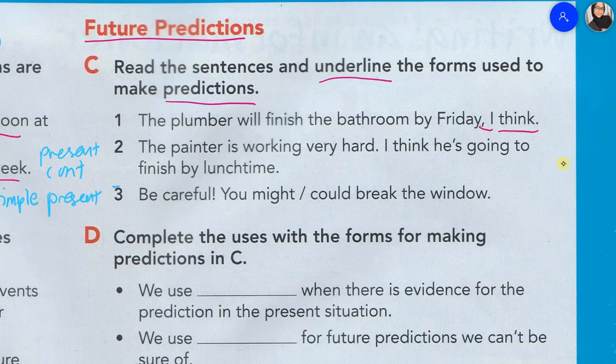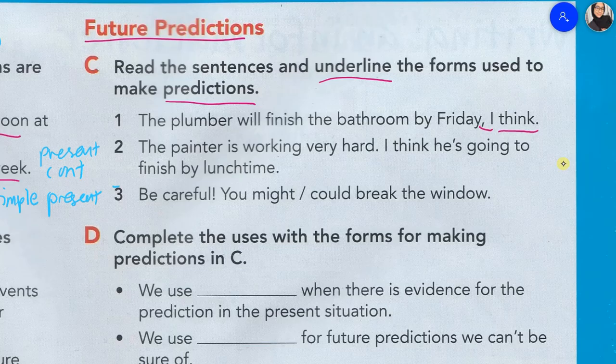Sebab bila you buat ramalan, you akan cakap I rasa, saya rasa, I think, I assume. So that's how you know this sentence is a prediction. So I think is a phrase used to make prediction.